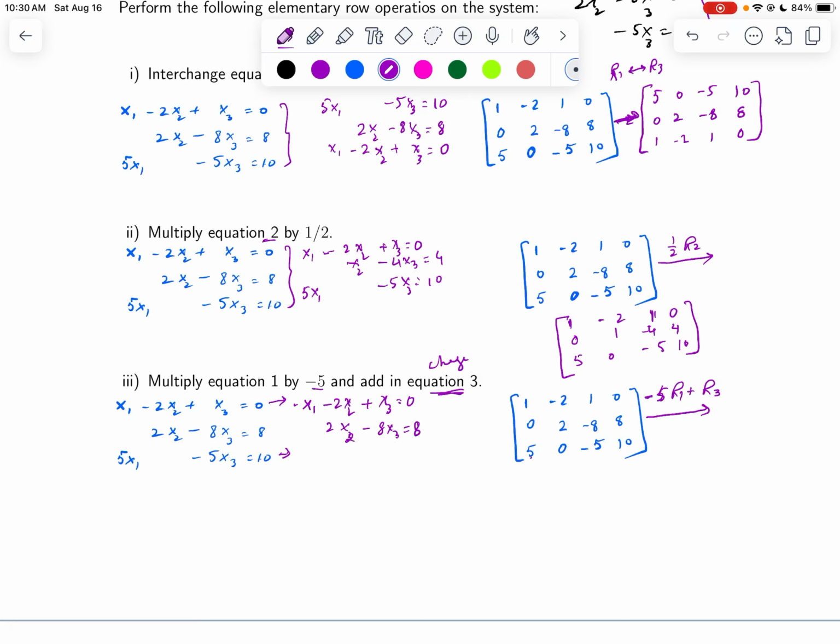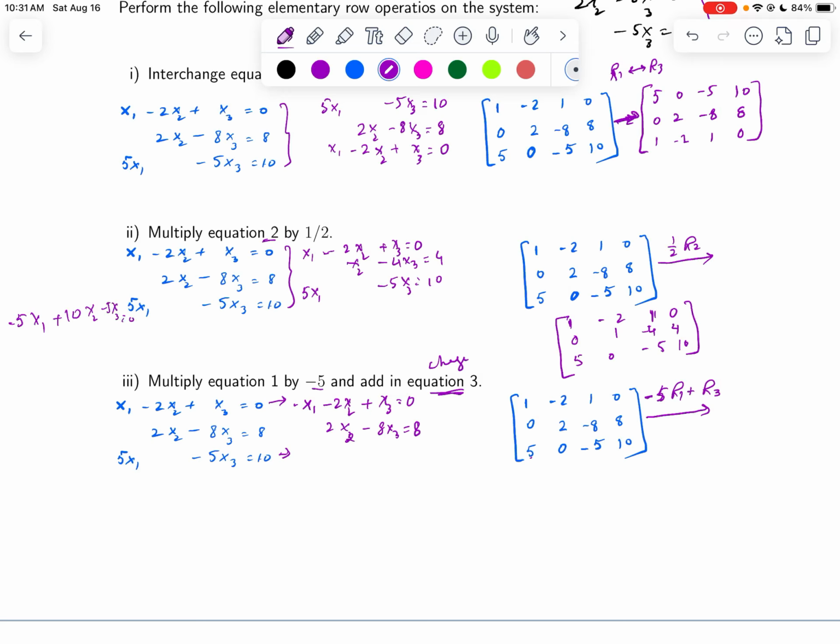Now you can do it in your head if you want, but if you cannot, then you can go on a side and do it. Now you can multiply this: -5x1 plus 10x2 minus 5x3 equals 0.